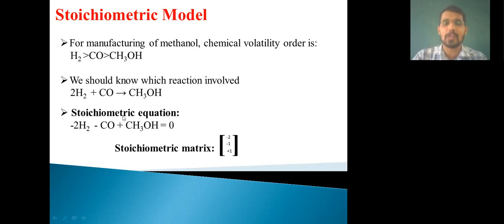You can also form the stoichiometric equation for other reactions as well. So try it yourself for other reactions: how to form the stoichiometric equation and how to form the stoichiometric matrix.